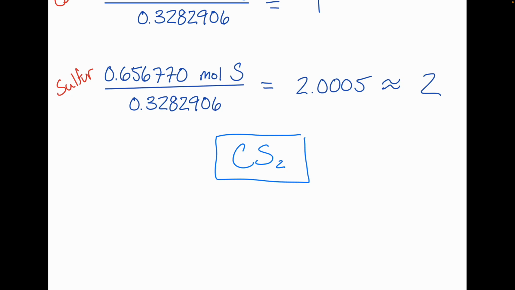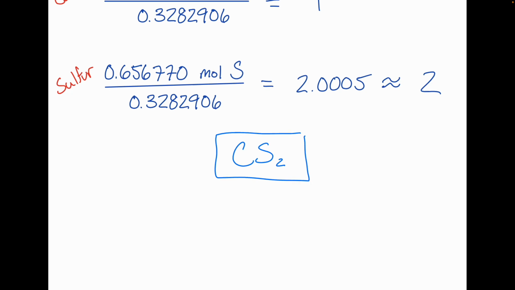Cool, let's play this game again. Let's do another example. So now we have an unknown iron oxide.